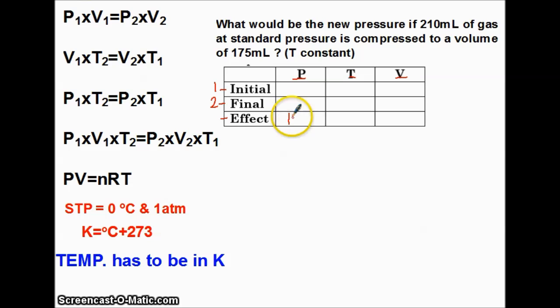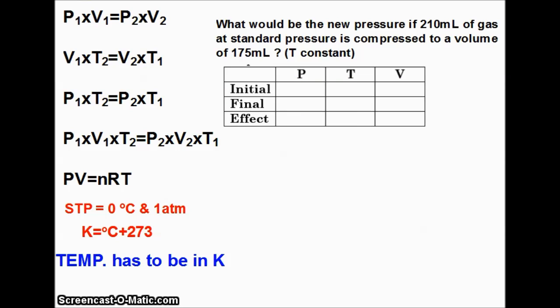Did the pressure go up or down? Did the temperature go up or down, and so forth. We want to know what is the effect. Did it go up or did it go down? And we can refer to our gas laws to fill out this effect. So let's look at this problem. Let me clear all this stuff off for you.